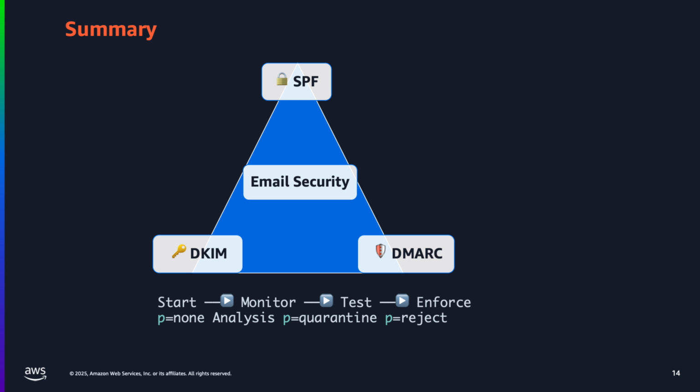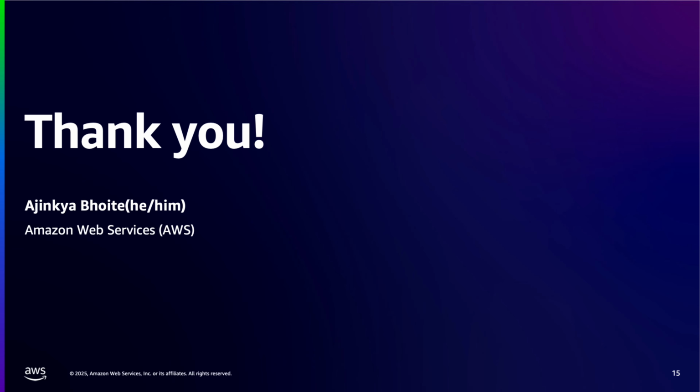By following the gradual implementation approach we have outlined for DMARC, from monitoring with p=none to enforcement with p=reject, and by leveraging domain governance strategies like subdomain separation, you can build a resilient email infrastructure that protects your brand while maximizing inbox placement. In today's threat landscape and regulatory environment, investing in proper email authentication is one of the most important decisions you can make for your organization's communication strategy.